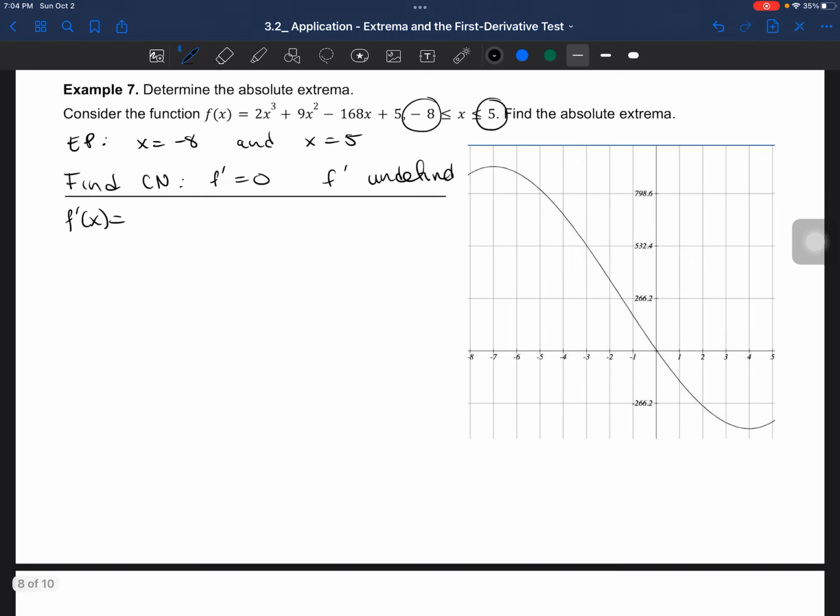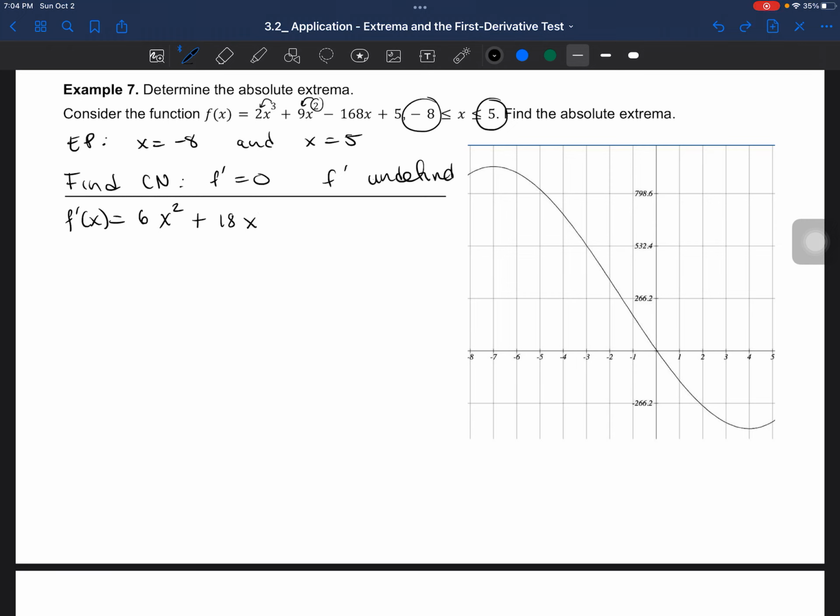For the first term, we have 2x cubed. The derivative of 2x cubed is 2 times the power of 3, so 2 times 3 is 6, times x raised to the power of 2, followed by the plus. Same thing here: bring the power down and multiply it by 9, that gives us 18 times x, and then subtract 1 from the power.